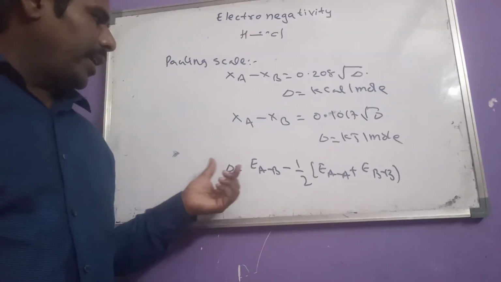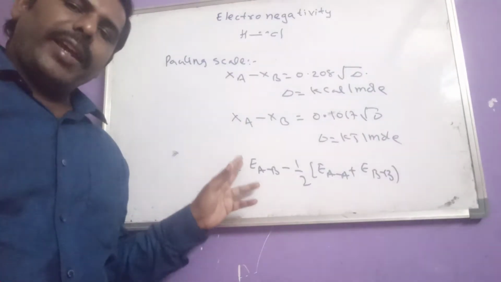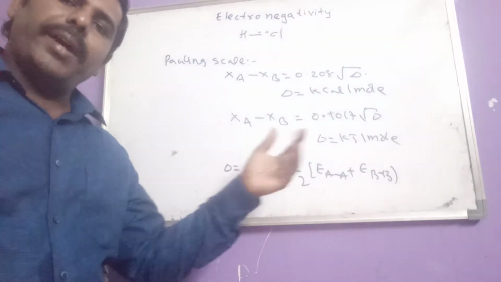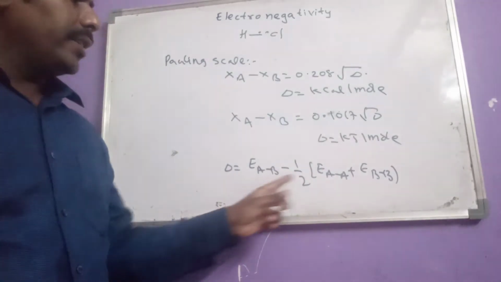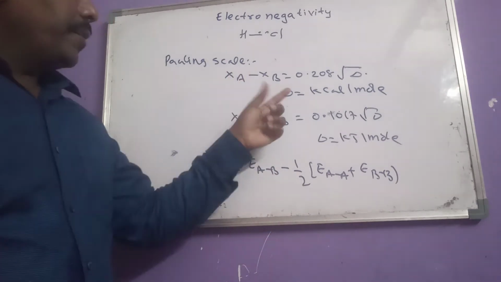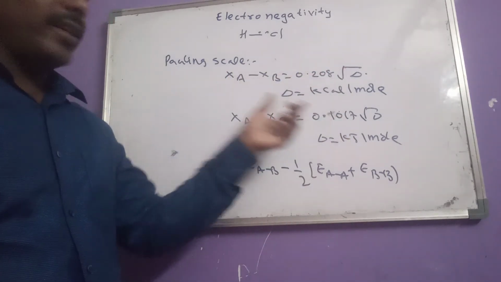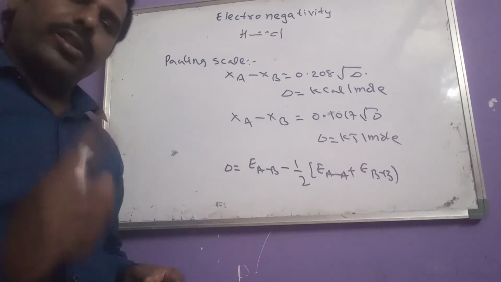Delta. We can also find delta with another formula: experimental bond energy minus theoretical bond energy. So delta is calculated by using this formula, and by substituting in this equation we can calculate electronegativities.